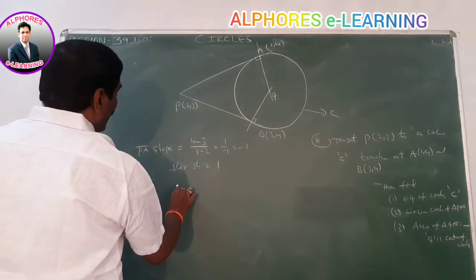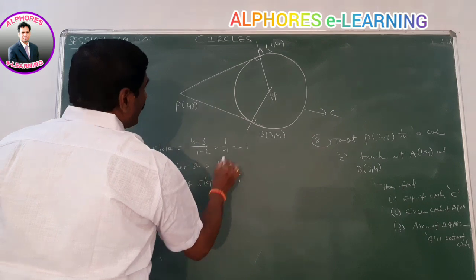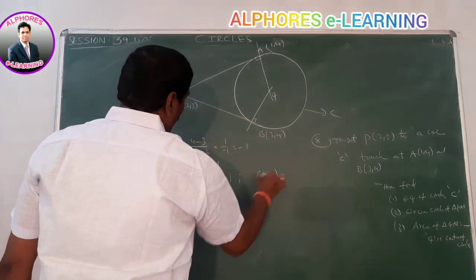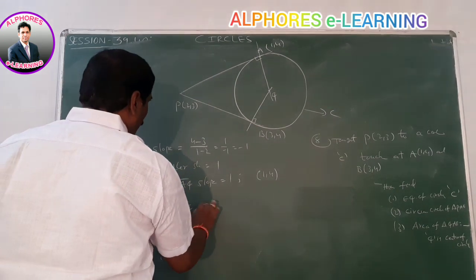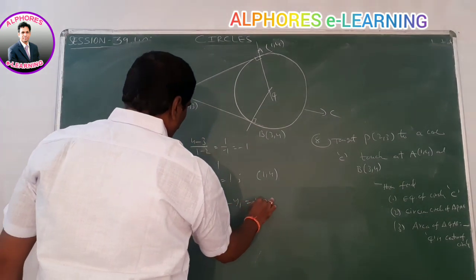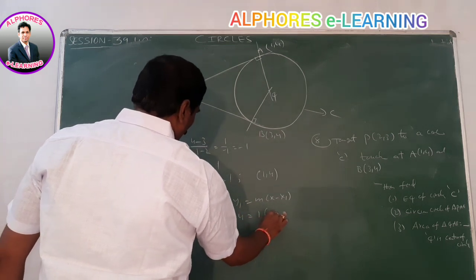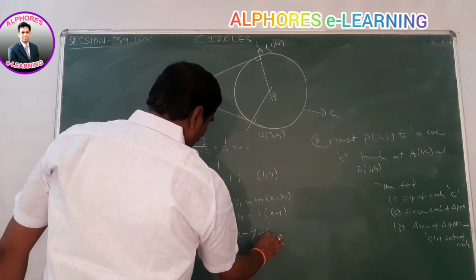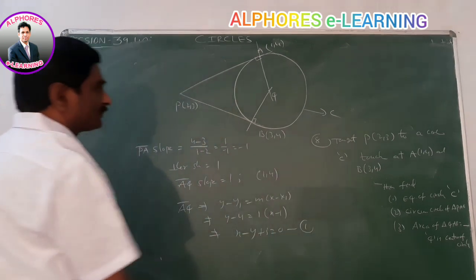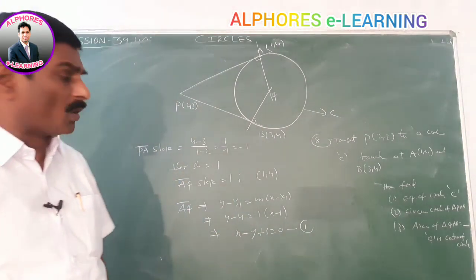That means the AQ slope is 1, and AQ passes through (1, 4). With slope and point given, the equation of the line AQ is y minus y1 equals m into (x minus x1), that is y minus 4 equals 1 into (x minus 1). So x minus y plus 3 equals 0. It is equation number 1.